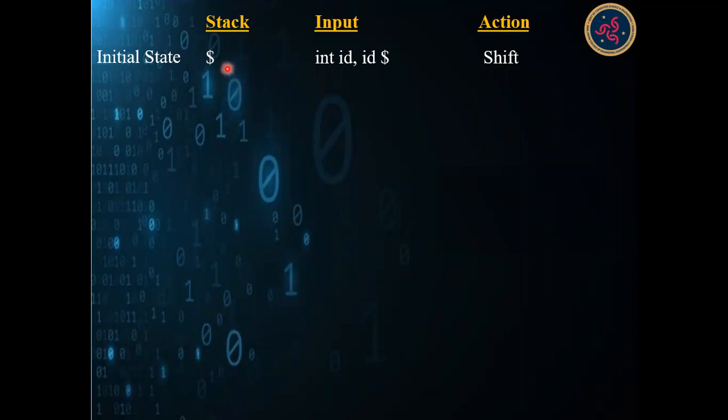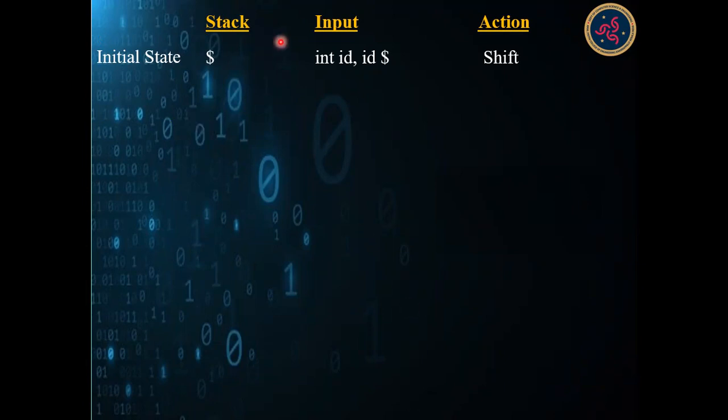Here in this shift reduce parser, zero or more elements can be popped from the stack, and these are popped based upon the productions given in the grammar. So we need to see the right hand side of the productions. That means symbols will be popped from the stack, and these symbols will be replaced by the left hand side of the same production. Okay, so we can see how we can do it.